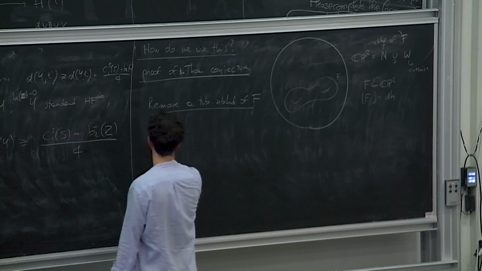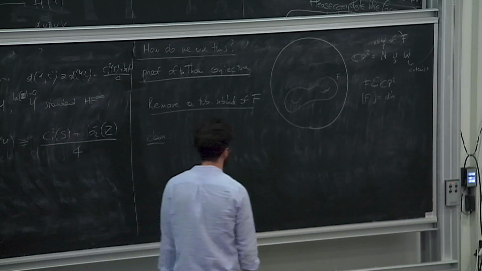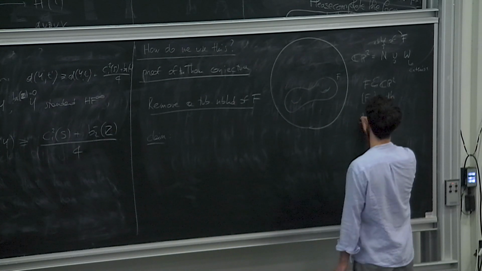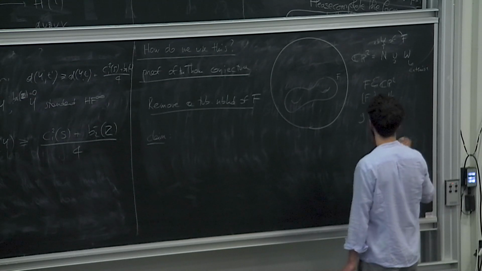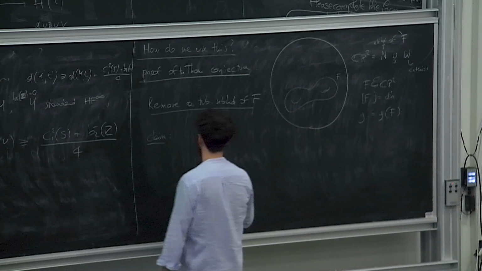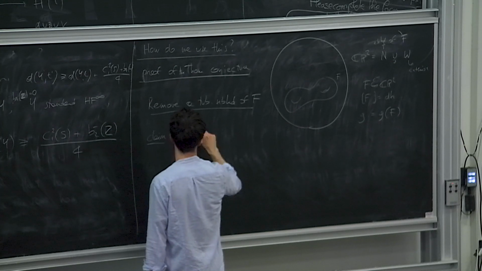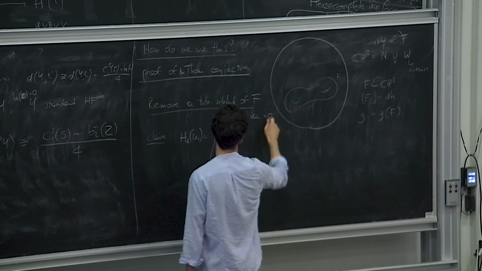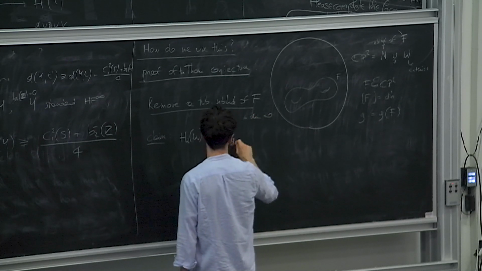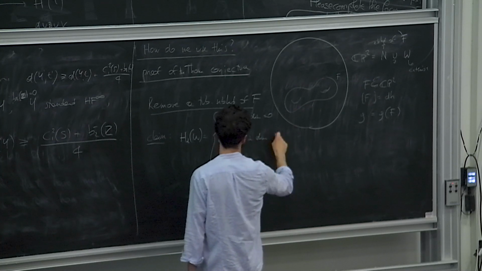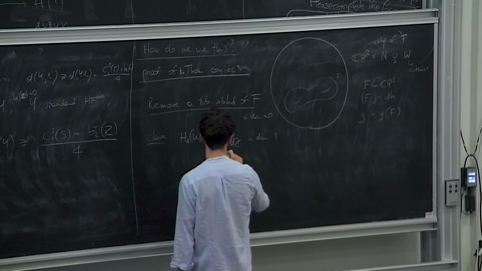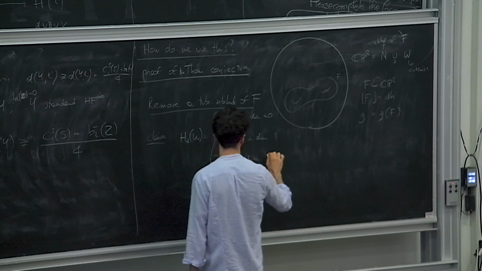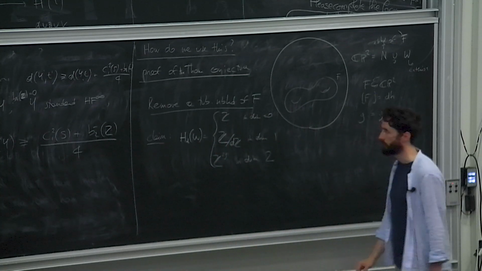Claim is that we understand completely the algebraic topology of W. And let me also call G the genus of F. So the claim is that the homology of W is Z in degree 0, Z mod d in dimension 1, and Z to the 2G in dimension 2, and 0 otherwise.